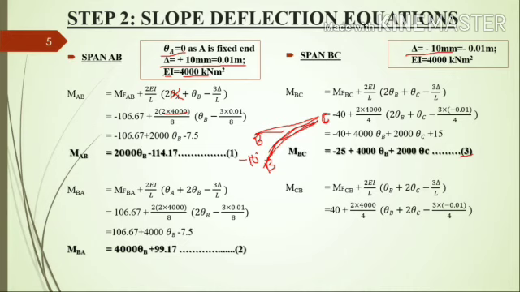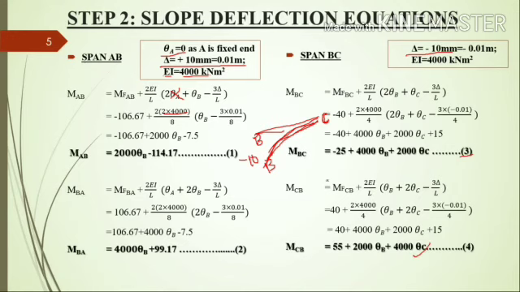The supports are the same, B and C, so the value of delta is the same for MBC and MCB, minus 0.01 meter. Similarly, in the first case, for span AB, the value of delta is plus 0.01 meter for MAB and MBA. So we get the value of MCB is equal to 55 plus 2000 theta B plus 4000 theta C. So this is our fourth equation.